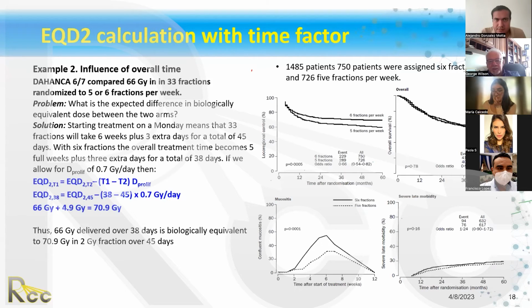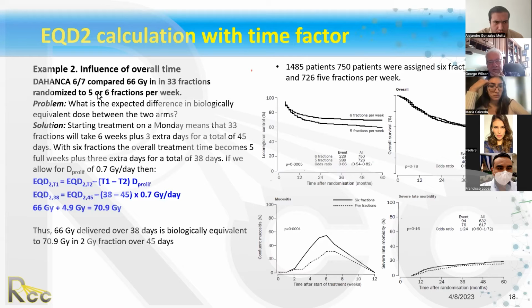This is another example, a little bit more complicated, but it's really trying to find out what happens if we do a little bit of acceleration. This is DAHANCA, the Danish head and neck cancer cooperative group, who've been doing clinical trials for years, and they always do sequential trials. In this trial, they were comparing a standard schedule of 66 gray in 33 fractions, but they were randomized to get it in either 5 or 6 weeks.